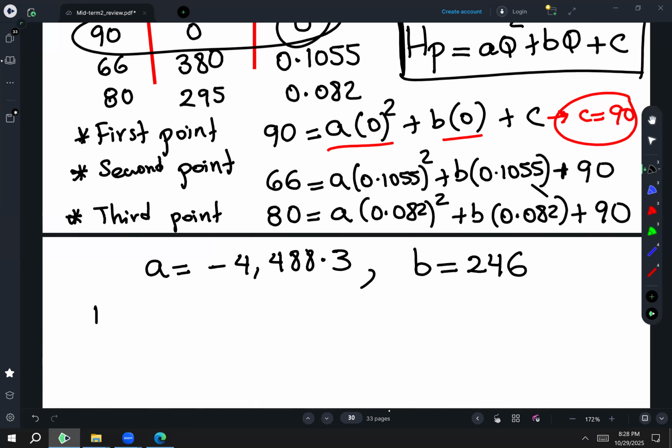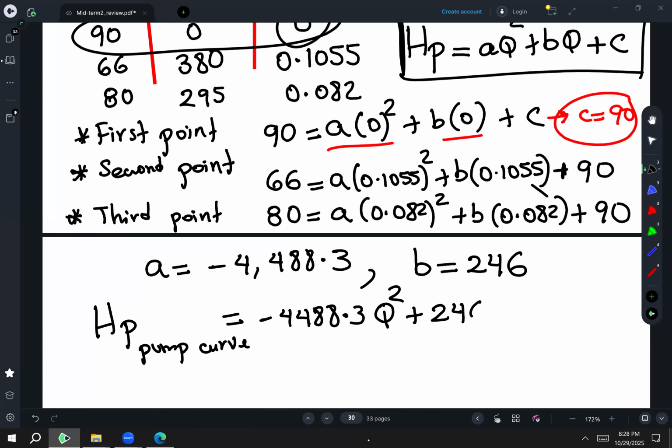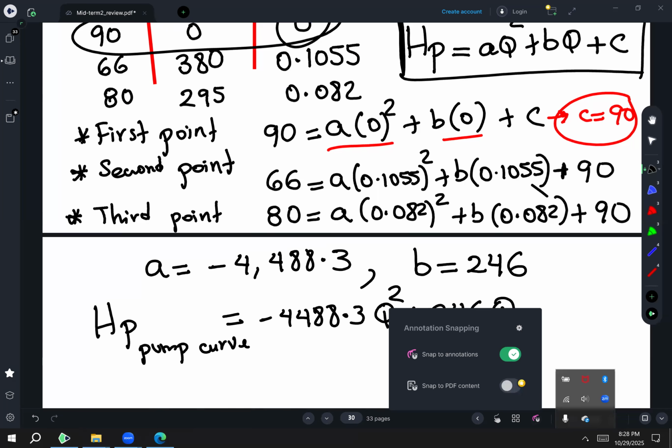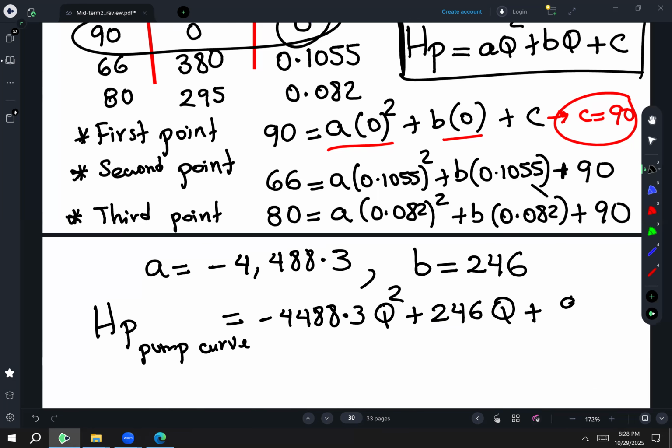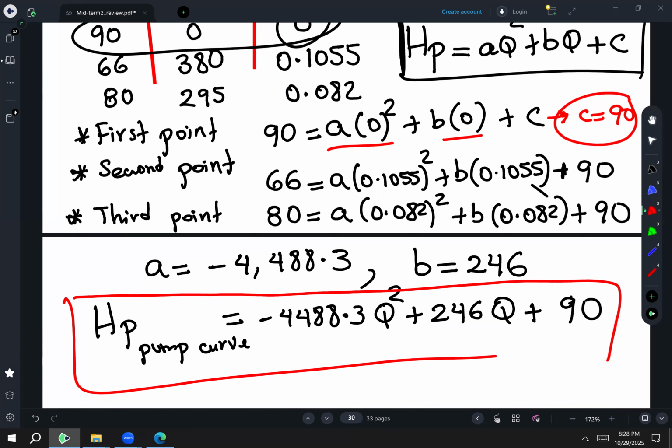Therefore, the pump curve, of course for one single pump, is HP equal to AQ squared plus BQ plus C. So this is going to be minus 4,488.3 Q squared plus 246Q plus 90. Okay, so this is the pump curve for one single pump.